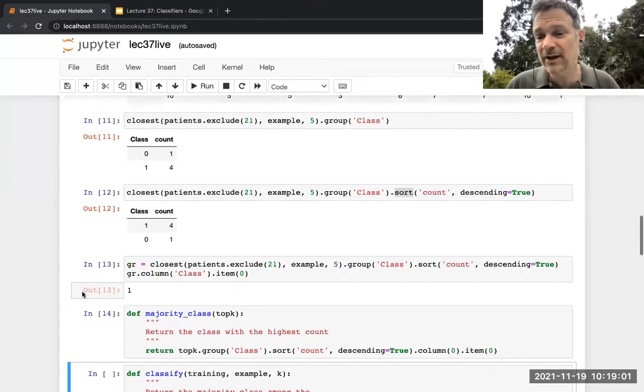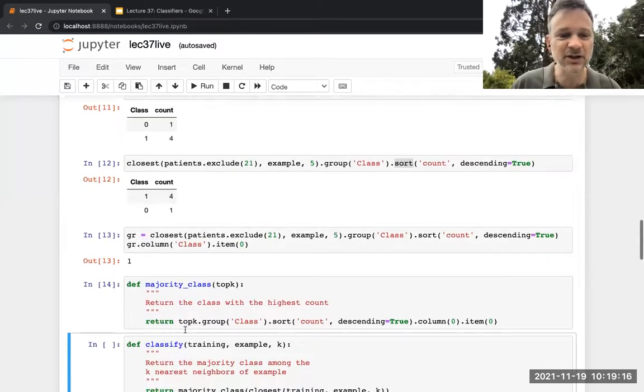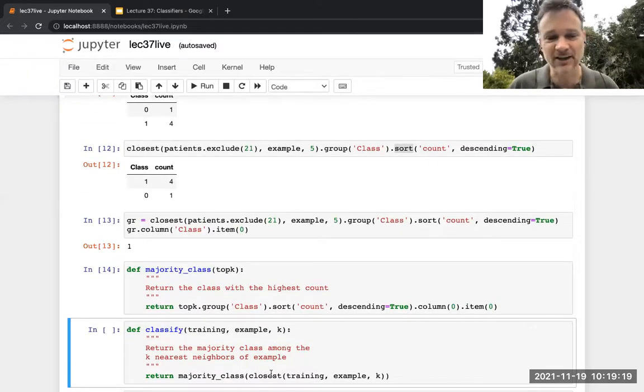And finally, we're ready to write the classifier. Remember the classifier, we find the k nearest neighbors and then take a majority vote. Well, on Wednesday, we wrote code to find the k nearest neighbors. Right now, we wrote code to take the majority vote. So we just have to piece those two together. And it's actually very easy.